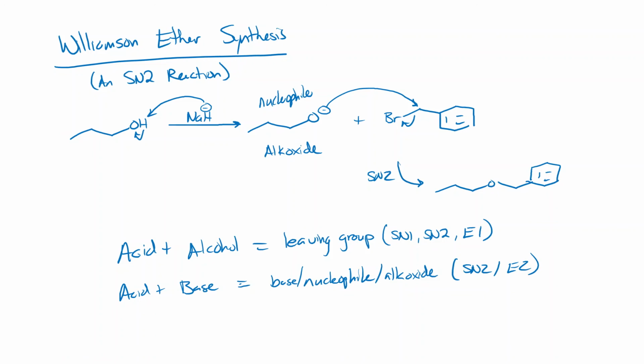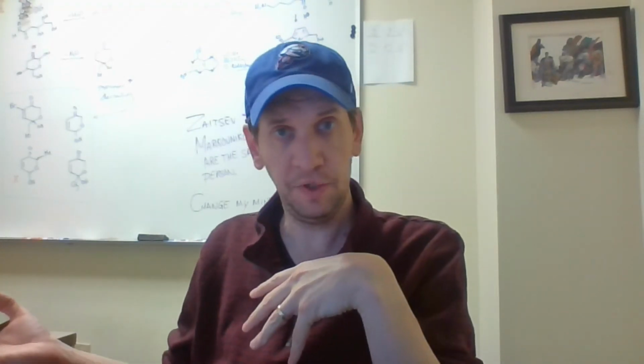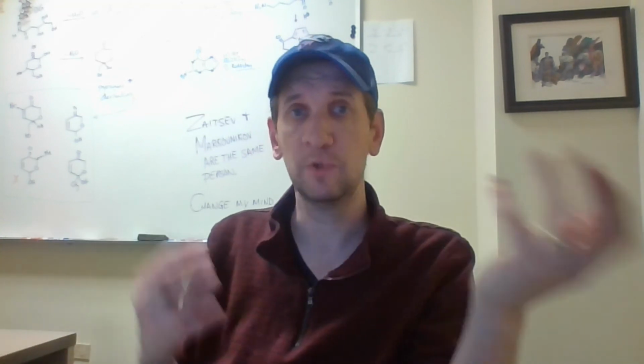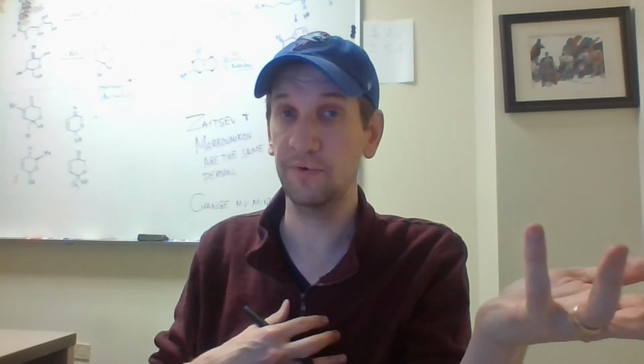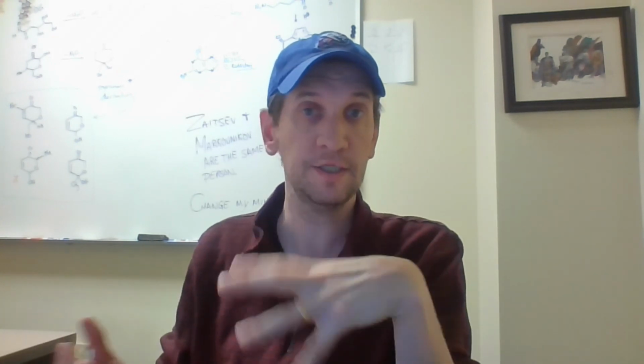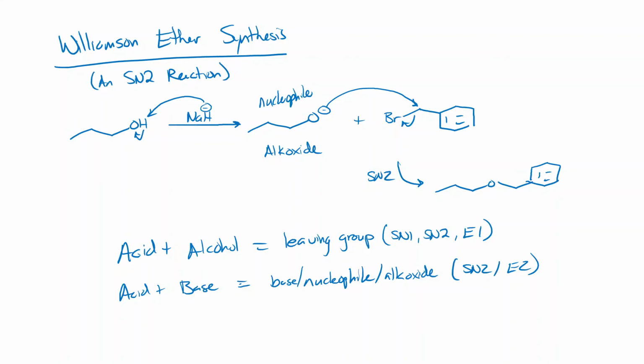So there's not going to be any E1 or SN1 going on, right? How do we determine if we're doing SN2 or E2? We look at, are there hydrogens near the leaving group, right? So if there's hydrogens near the leaving group, you're probably doing an elimination. If there aren't, then you can do an SN2. And that's pretty much it. I think that's everything you need to know about alcohols.